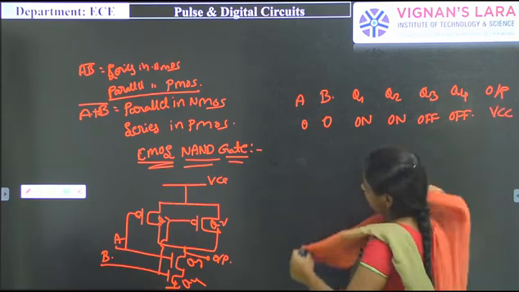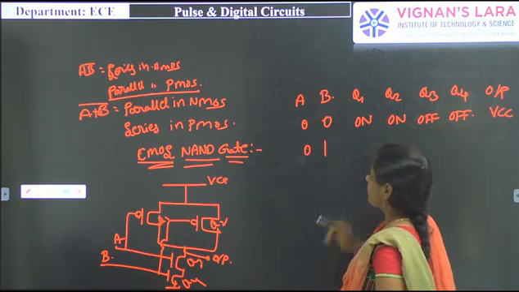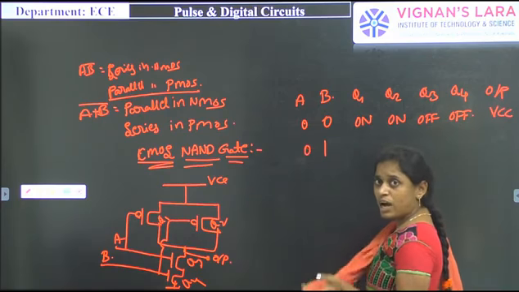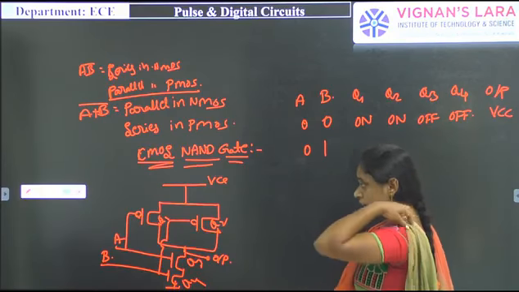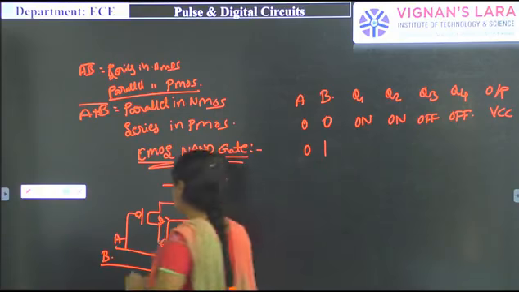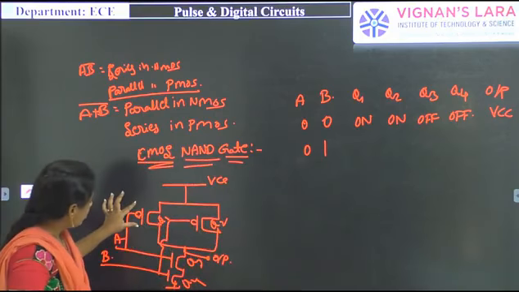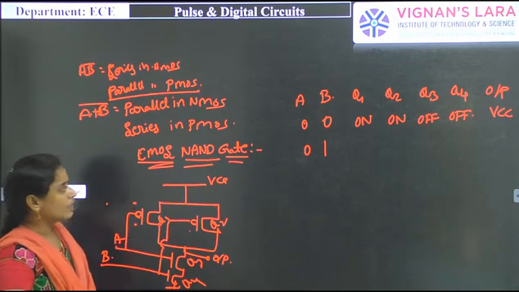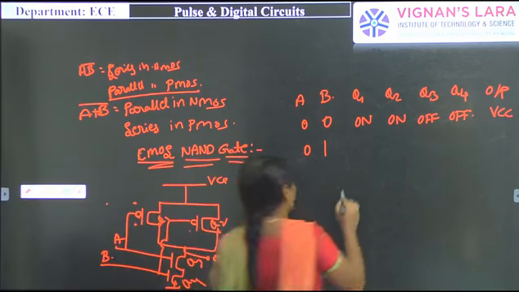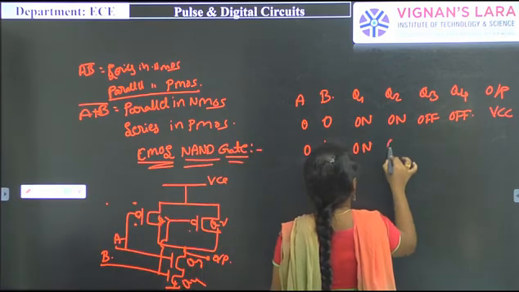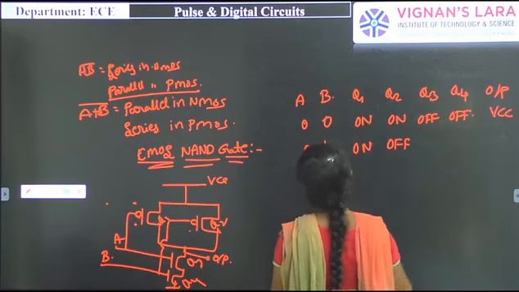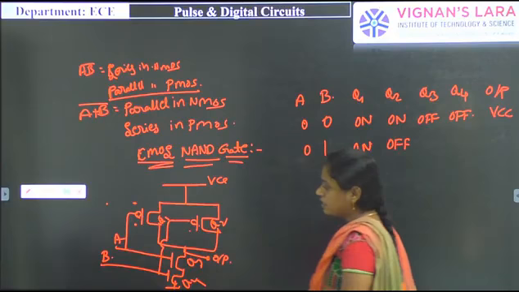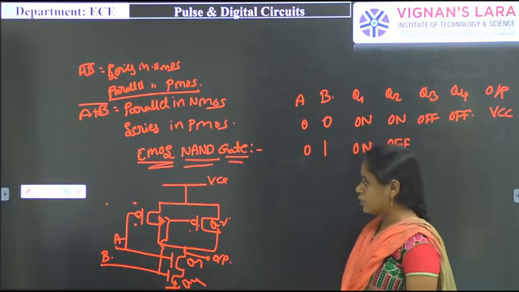Next we have to give the 0, 1 signal. Then the transistor Q1 is in on condition and Q2 will be off condition. Why? Because we apply 1 volt signal to the B. So Q2 is in off condition.